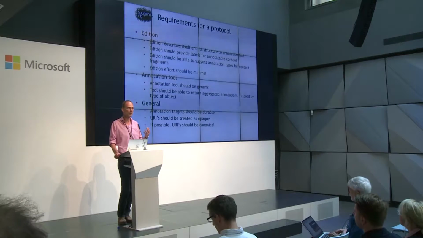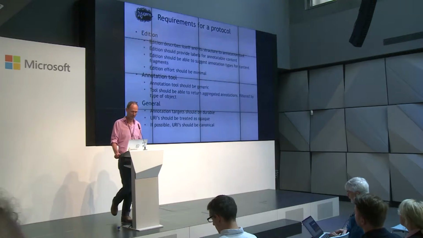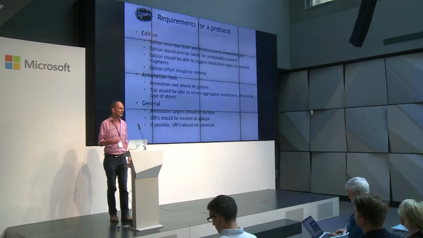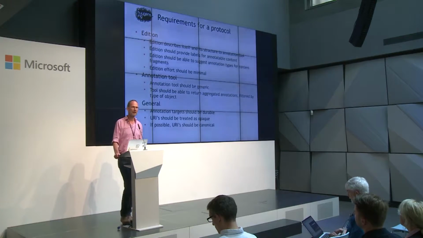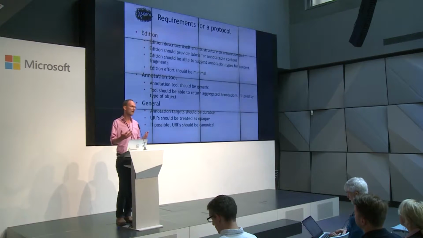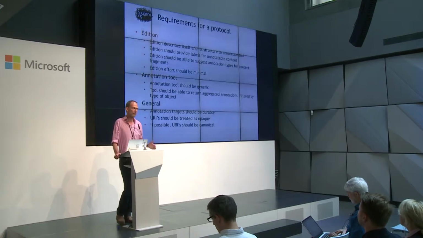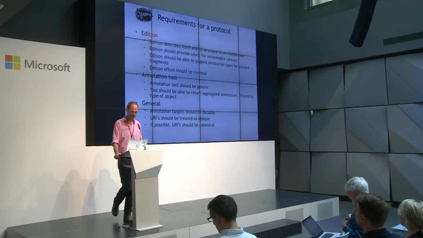We don't want to require a certain technological setup from the edition. As I said, the annotation tool should be generic, but it should have enough information to be able to answer intelligent questions. For instance, give me all annotations aggregated at a certain hierarchical level. And to do that, it must have an idea about what those hierarchical levels look like.